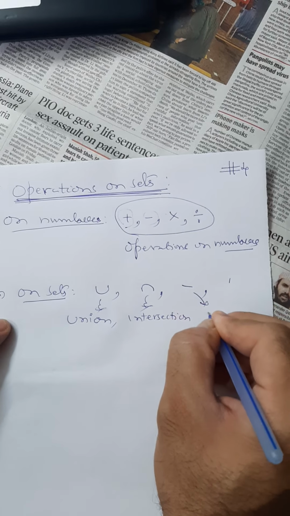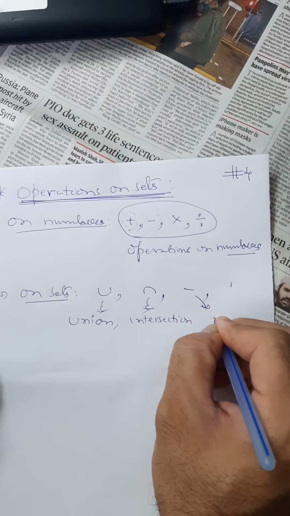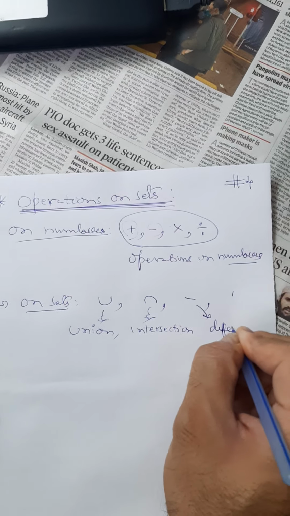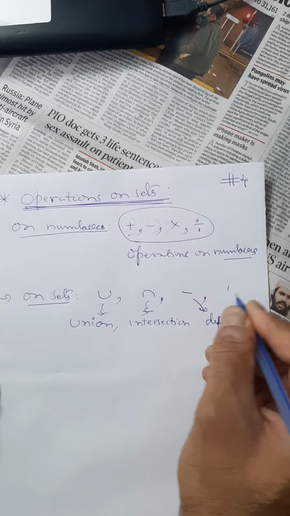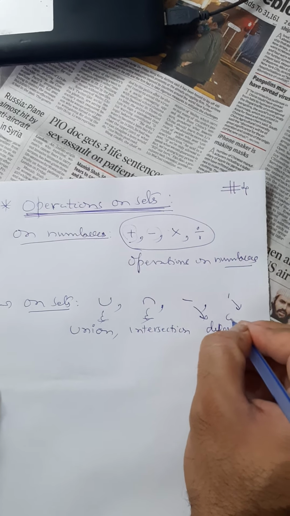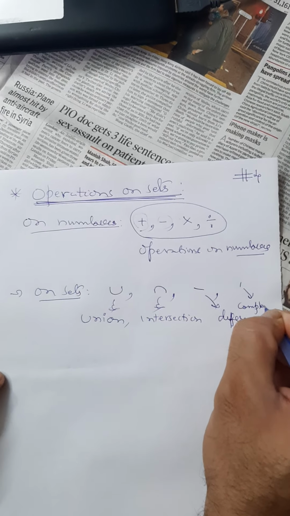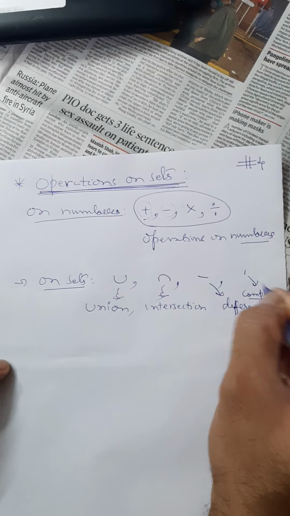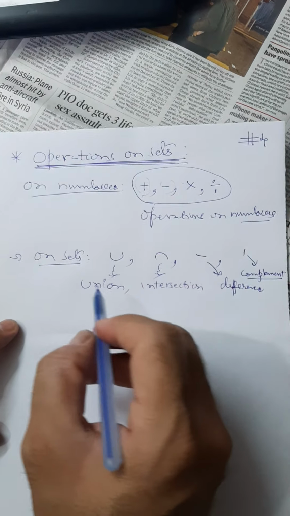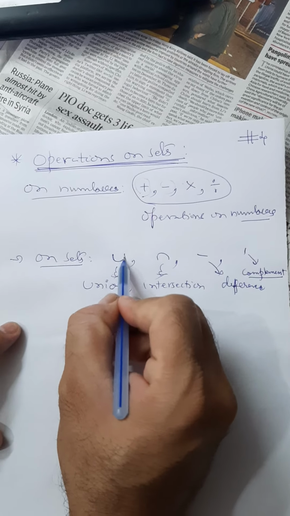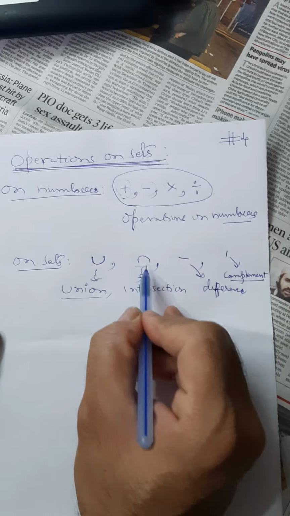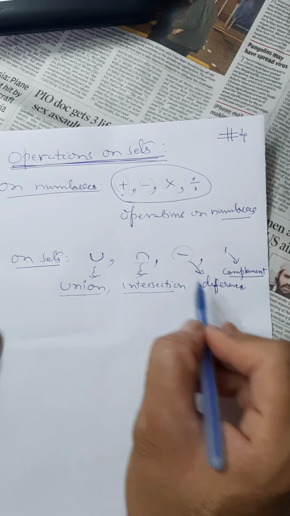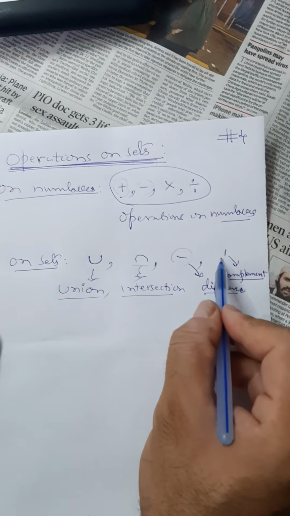This is called difference. And this is called complement. These are the standard 4 operations on sets: union, intersection, difference, and then complement.